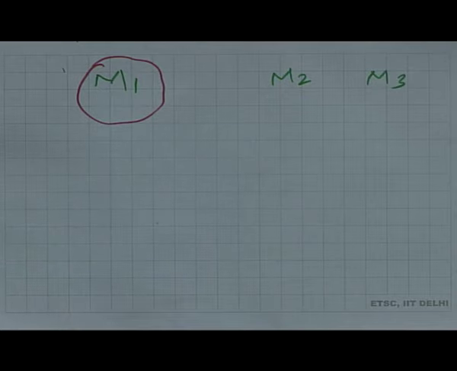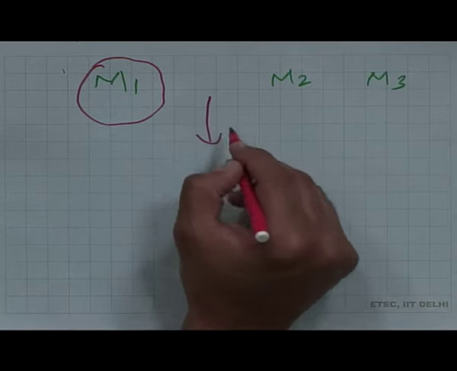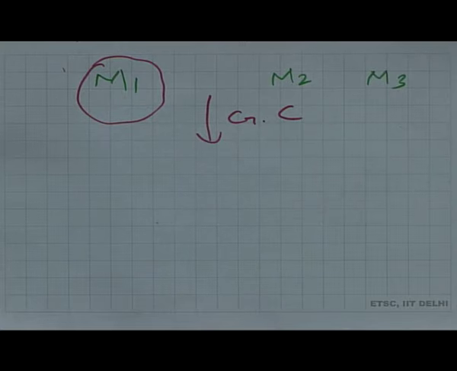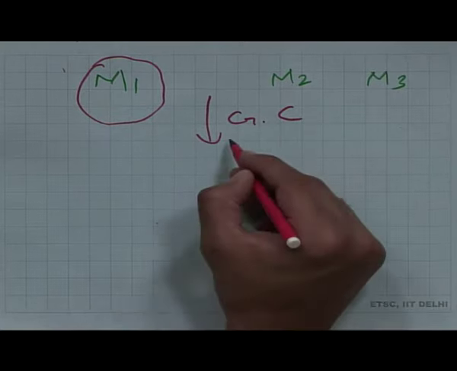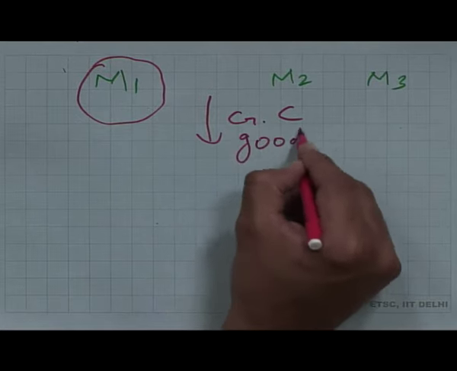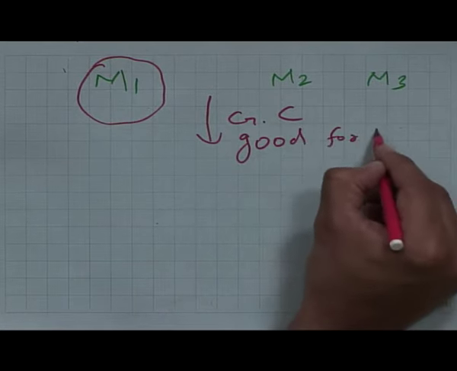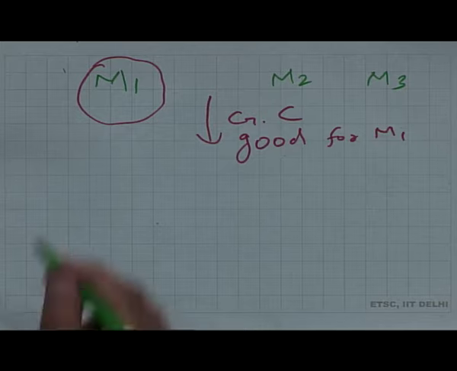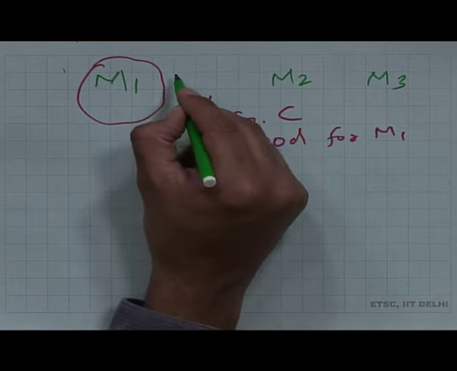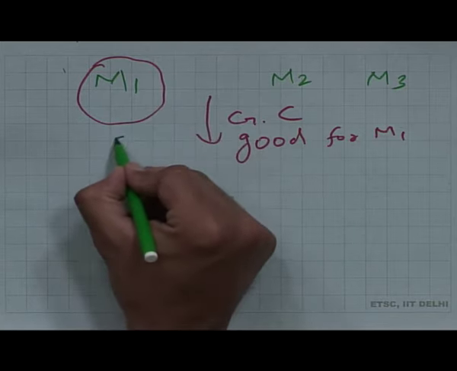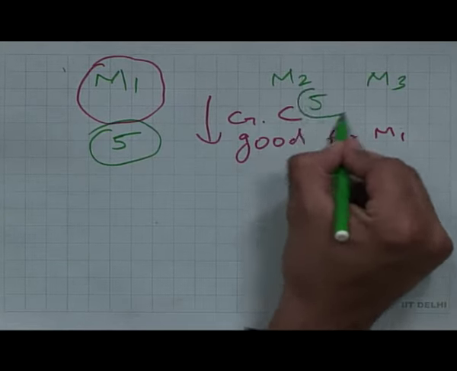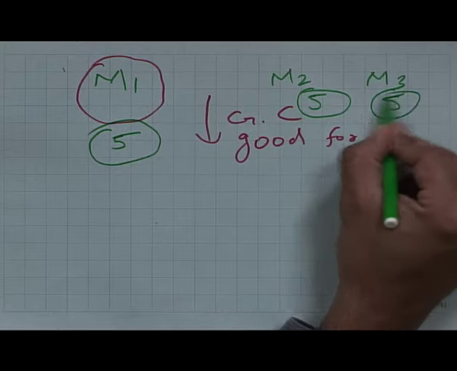You put growth conditions, GC, which are good for M1. Then let us say to begin with there were 5 of M1, 5 of M2 and 5 of M3.